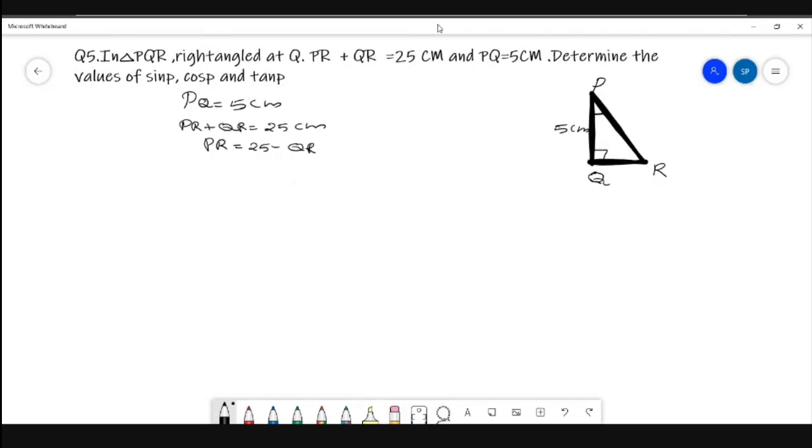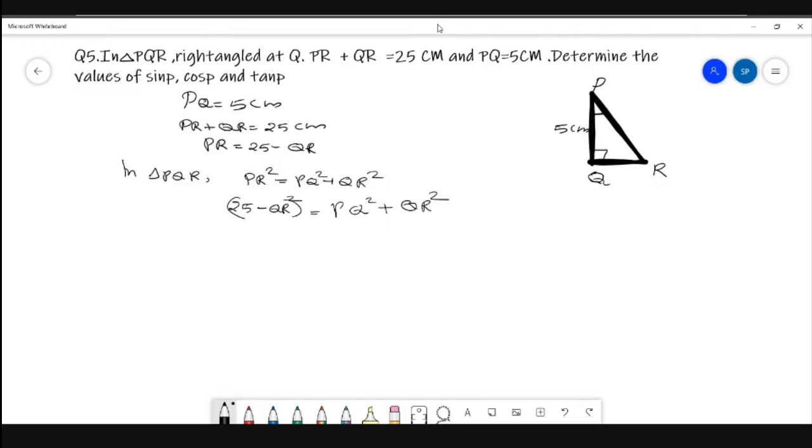So we have to take the Pythagoras theorem again. In triangle PQR, we can apply Pythagoras theorem. We have PR square equal to, again, PQ square plus QR square. So PR we have to take as 25 minus QR. So 25 minus QR, the whole square equal to PQ square plus QR square.